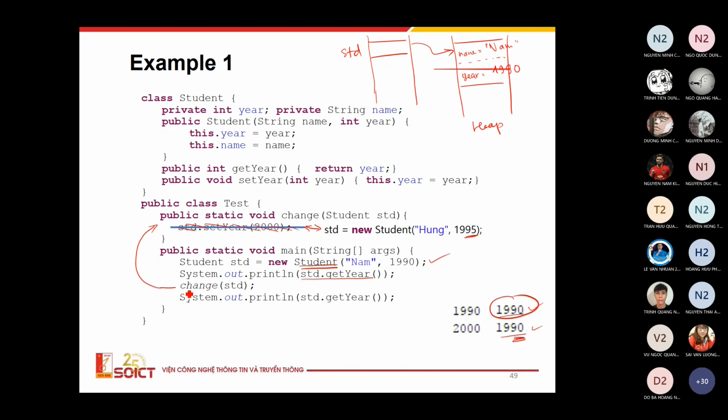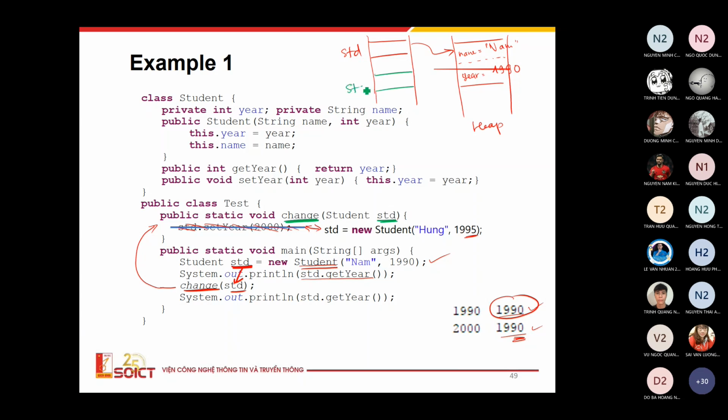Next, it will have this call to train STD. Okay, again, here you have the STD from the main method. Okay, you will pass it to train. Okay, so it will find this declaration for train, and it knows that you will have a local STD for the train method.